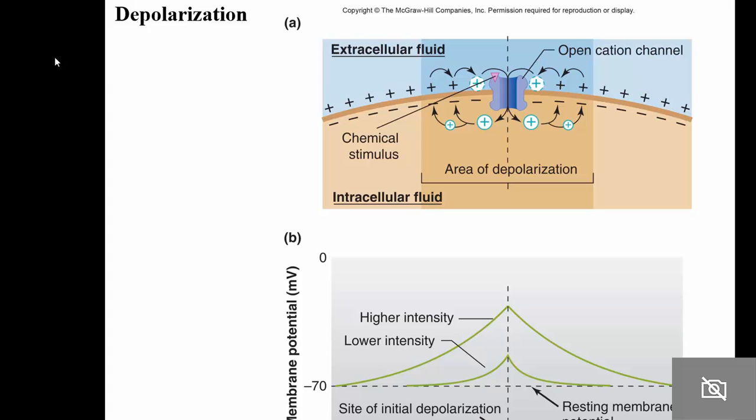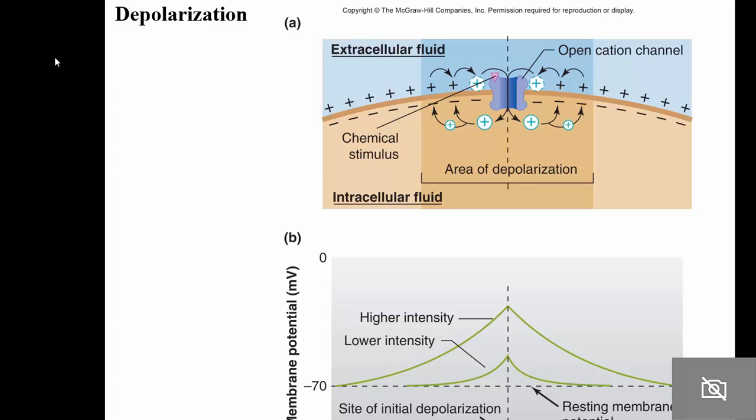You have a cell, and this is a channel. Let's say that this is a sodium channel. It doesn't matter what the resting membrane potential is of this cell. It's probably a neuron, but it doesn't have to be. And what ends up happening is you open up one of these channels.